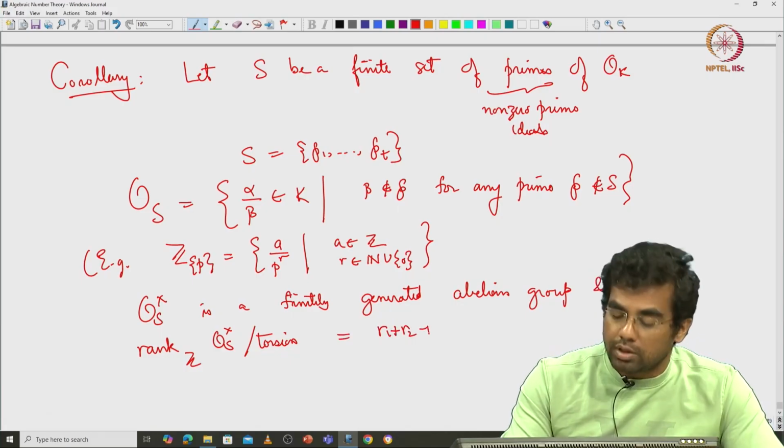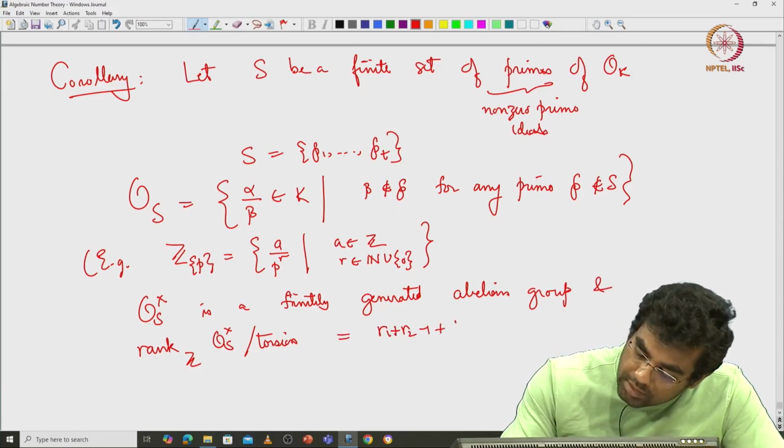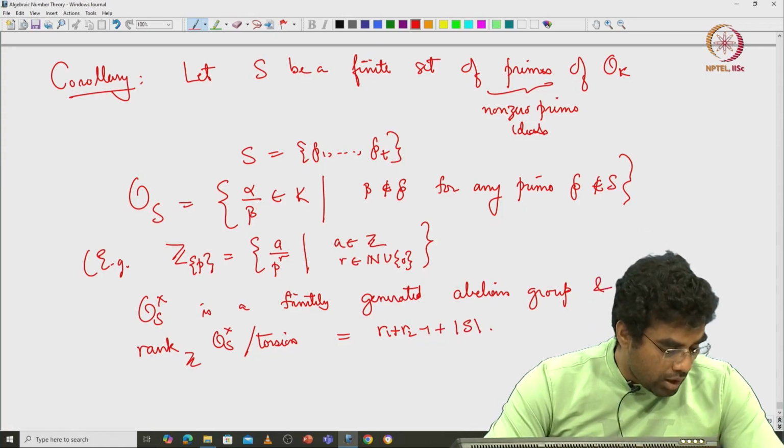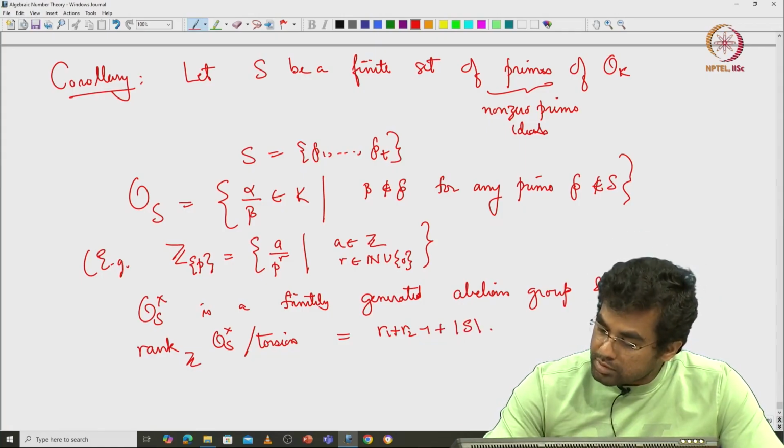This is the component that was there before plus the number of elements in S. So how do we prove this kind of thing?